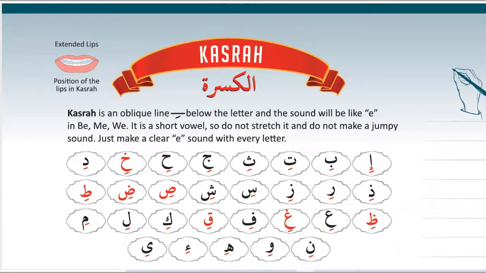So what is kasra? Kasra is an oblique line below the letter. And how you will pronounce this letter: whenever you will see the kasra on any Arabic alphabet, what should come in your mind is that, oh, okay, this letter has a sound of "ee" at the end, right? Like honey, bee, me, we, right? So let's see.